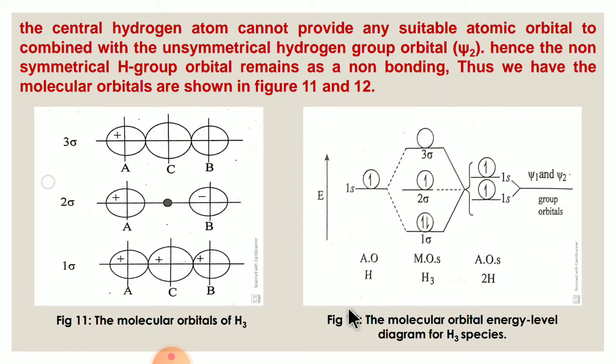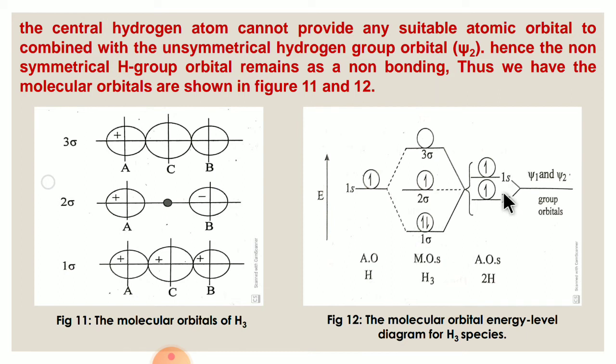Here in figure 12, the molecular orbital energy level diagram for the H3 species is represented as follows. On my left hand side there is the atomic orbital of hydrogen, that is 1s, and on my right hand side there are atomic orbitals of 2 hydrogens, 1s and another 1s.